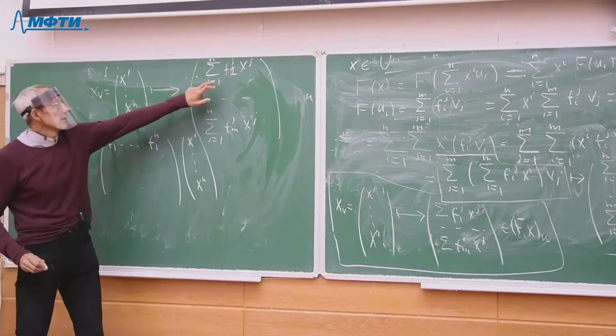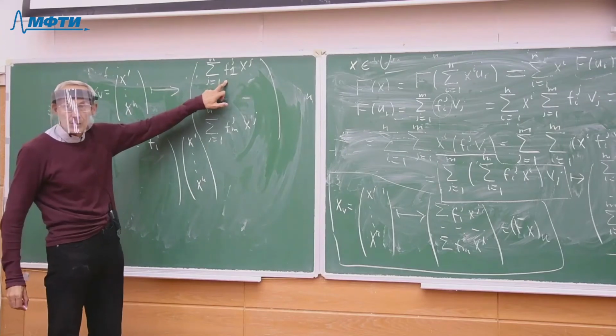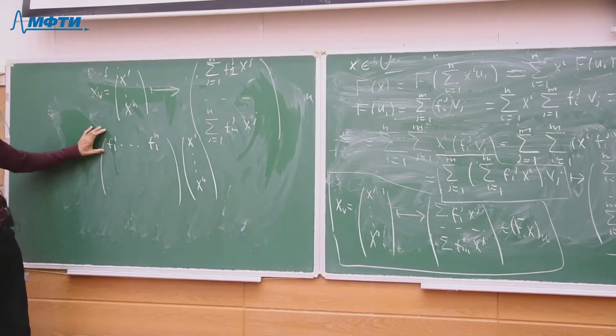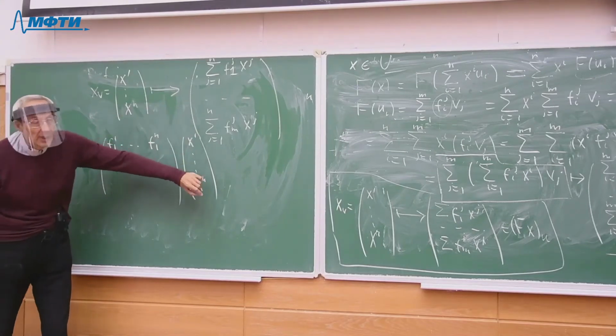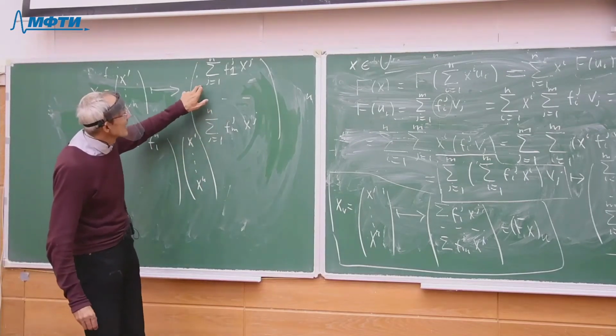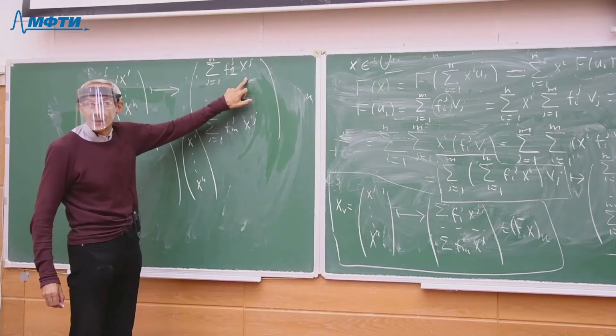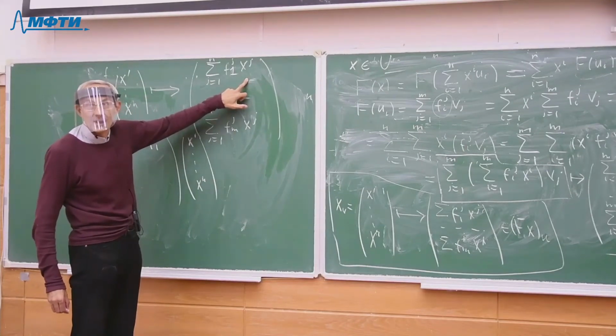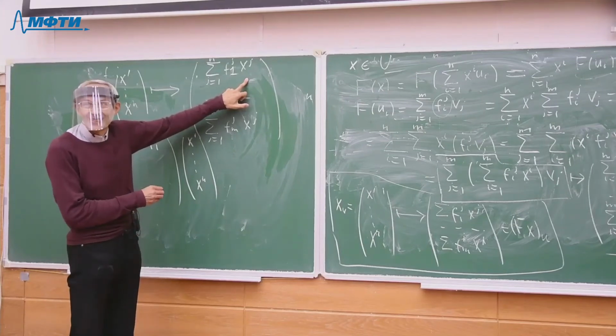I can rewrite these coefficients as the first row, and if I multiply this row by this column, I obtain exactly this equality. This is the row-column multiplication. Can you see this fact?